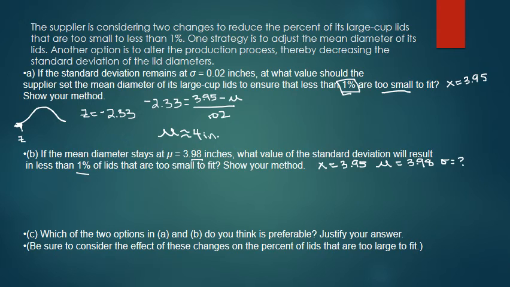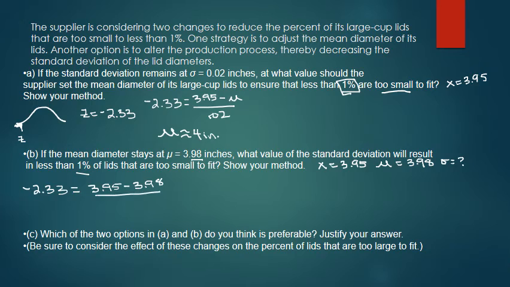So again, it's the same picture as above, so I'm not going to restate the state part. I'm not going to restate the plan part because it's the same problem as above. The z-score is going to stay the same because we have the same area. What is going to change though is the equation. So the z-score is equal to, we know we're talking about the lower bound. We know we're talking about the mean of 3.98.